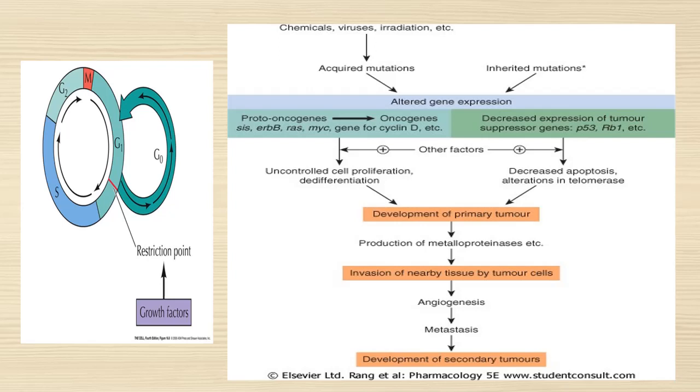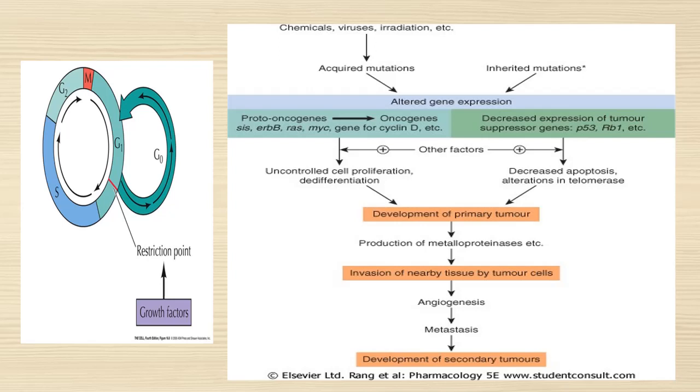Dedifferentiation also occurs in this. The cell proliferation signals here include the growth factors acting on the receptors and the subsequent action on the cytosolic, nuclear, and cell cycle transducers.